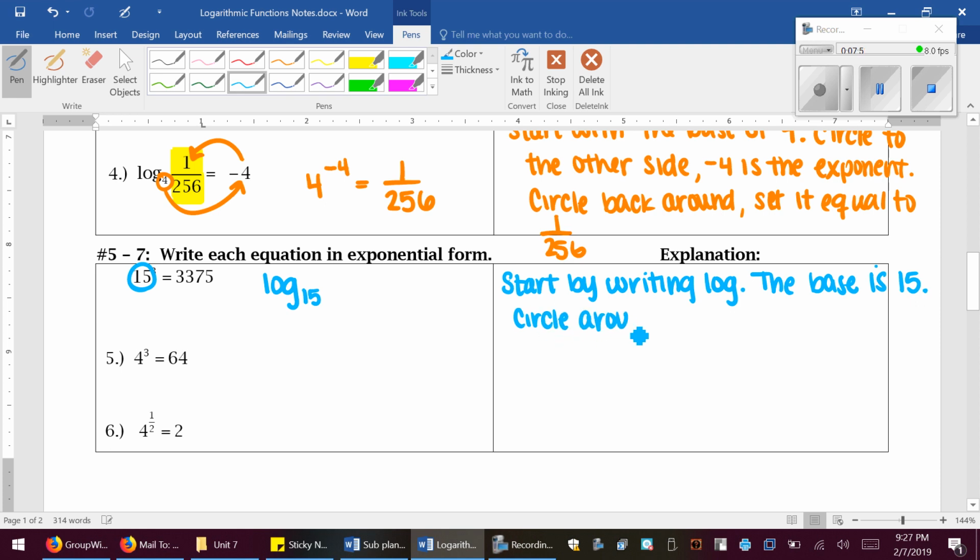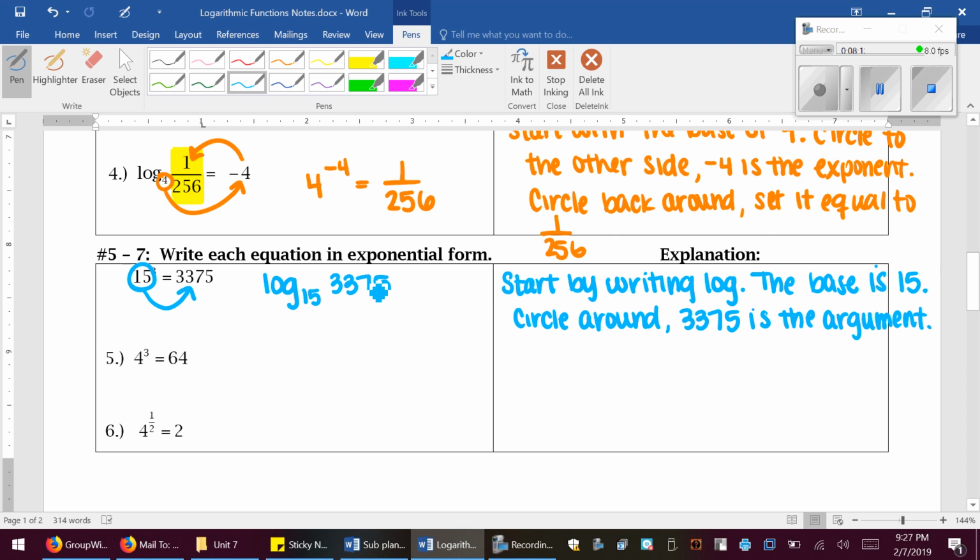Circle around. 3,375 is the argument. And when you write that, it's on the same line as log.